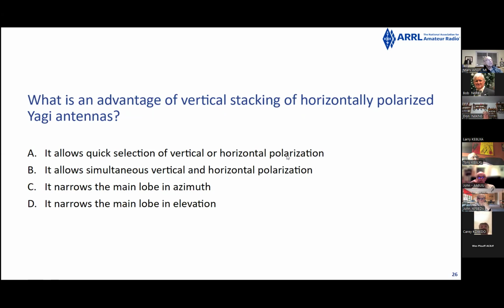What is the advantage of vertically stacking horizontally polarized Yagi antennas? It allows quick selection of vertical or horizontal polarization. It allows simultaneous vertical and horizontal polarization. It narrows the main lobe in azimuth.